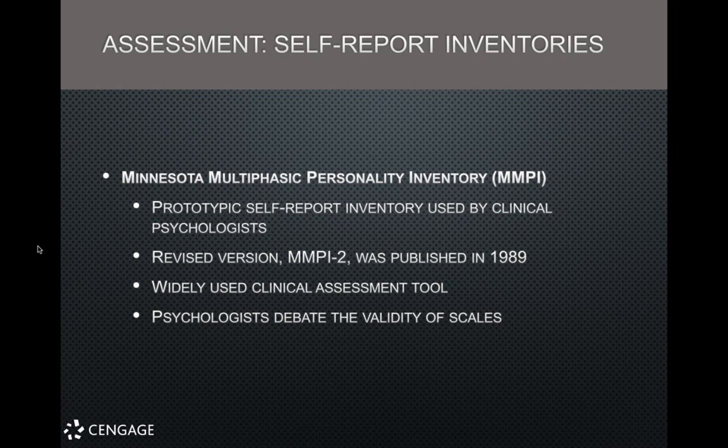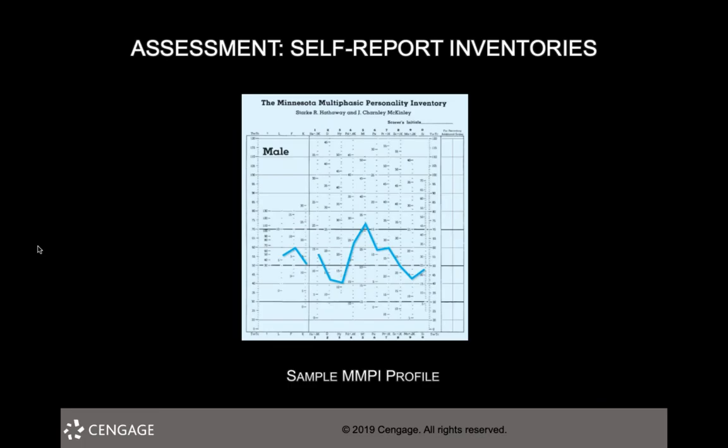Psychologists also debate the validity of the scales. This is how the MMPI looks for one person. It contains a total of 567 true-false items, and the revised version has 338 items in total. These items generate several scale scores that are combined to form an overall profile of the test taker.